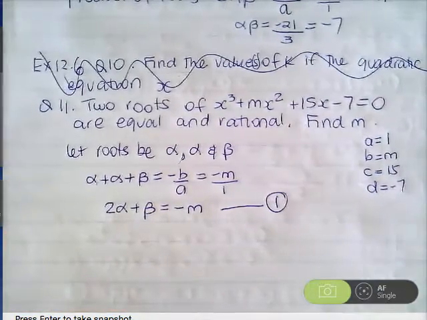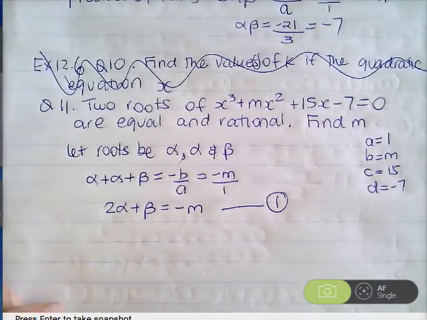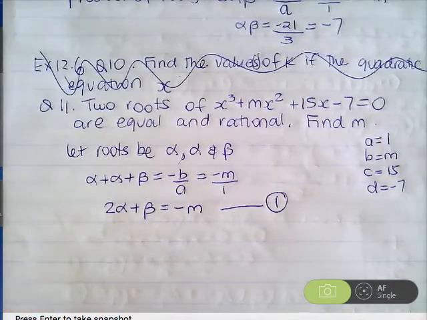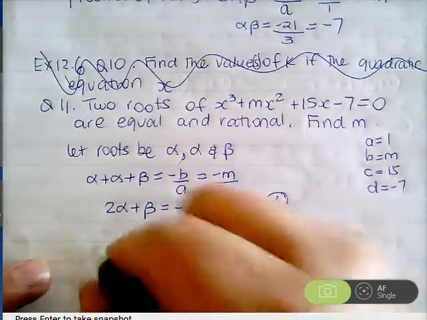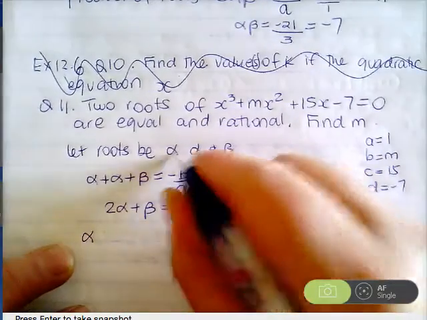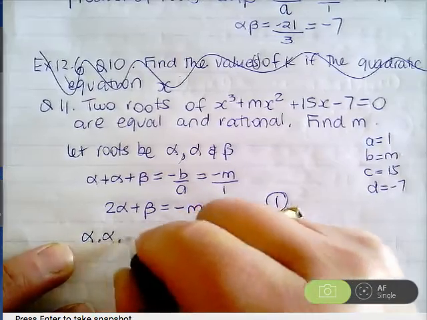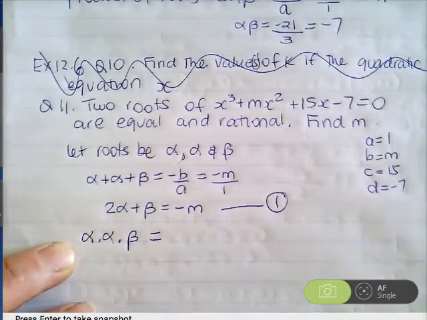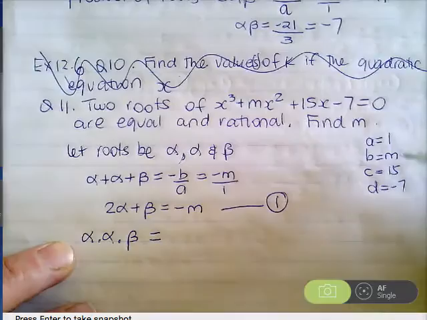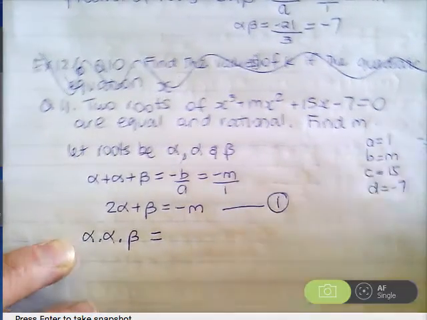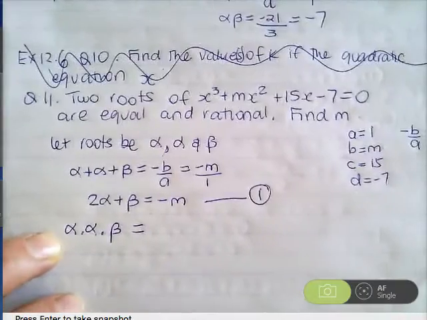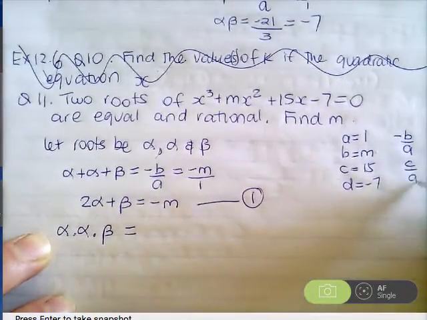Let's try 3 at a time. See if that works, because you only go to 2 at a time if there's no other option that's going to work. How do you do 3 at a time? Alpha times alpha times beta. So what does that give us? So 1 at a time is minus b on a over here. 2 at a time is c on a.